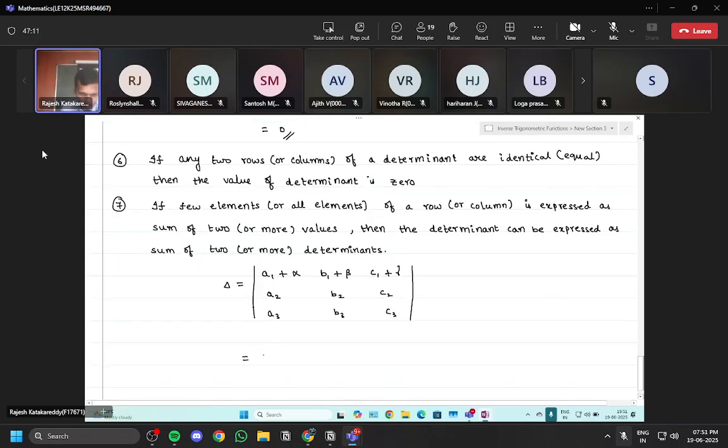Those determinants are A1, B1, C1, A2, B2, C2, A3, B3, C3 plus determinant of alpha, beta, gamma, A2, B2, C2, A3, B3, C3.